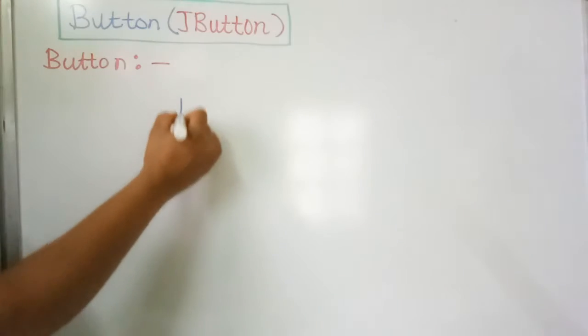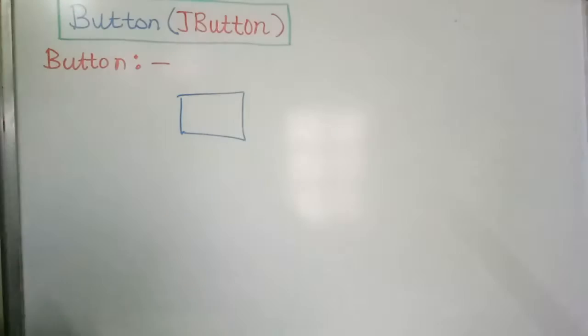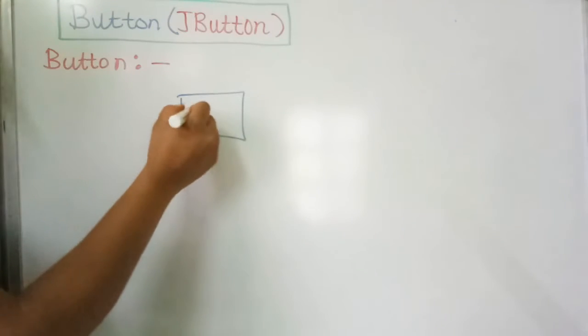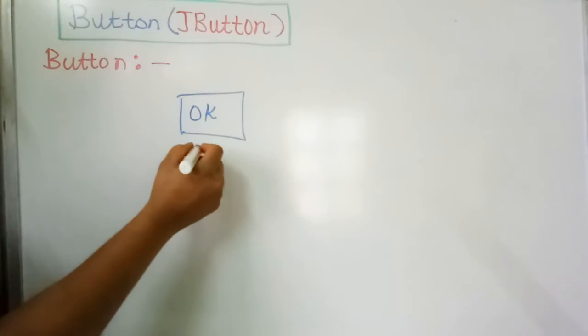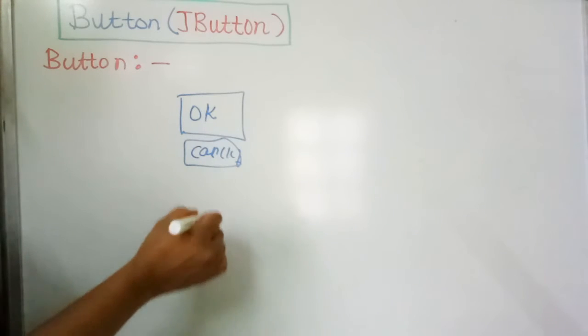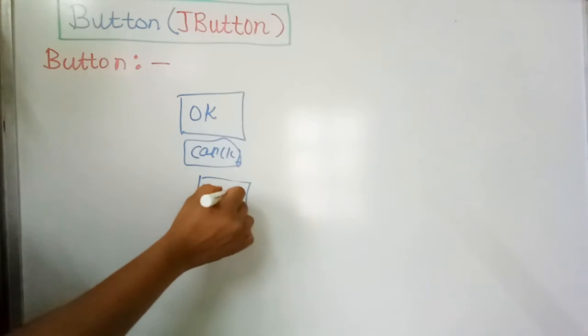What is the push button? For example, this is the button. For performing any task, you will click on that button, so you apply the click event. If that button is OK, then you have to save. If that is the cancel button, then you have to cancel that event or you have to save that event.